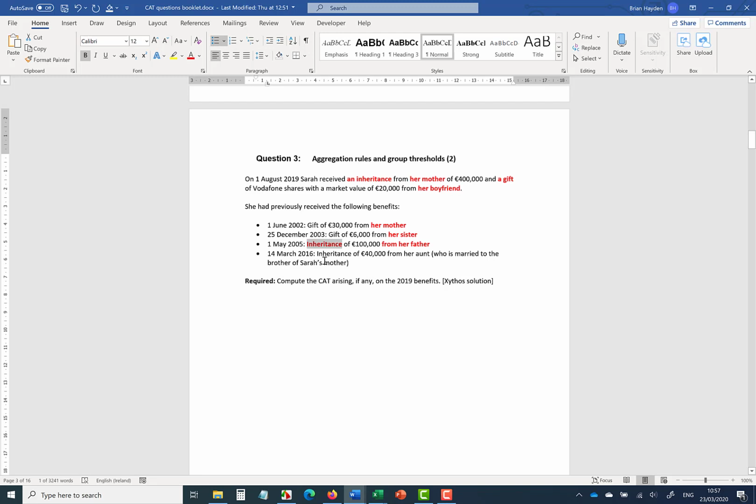And 14 March 2016, an inheritance of €40,000 from her aunt, who is married to the brother of Sarah's mother. Now, that little bit in the brackets you need to be careful interpreting. So her aunt is married to the brother of Sarah's mother. That actually doesn't qualify as an aunt for CAT purposes.